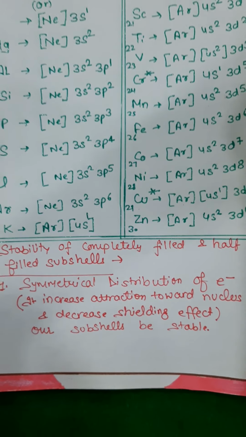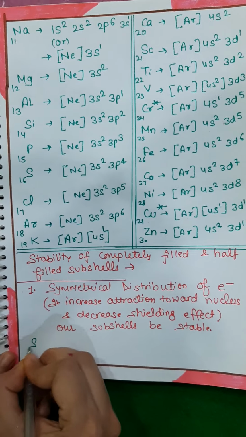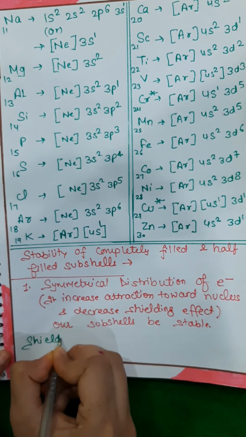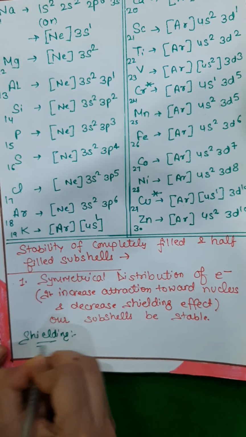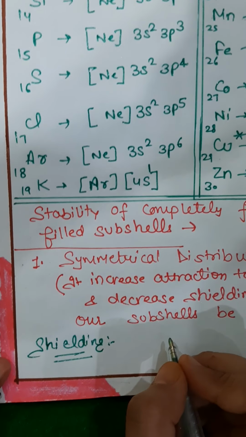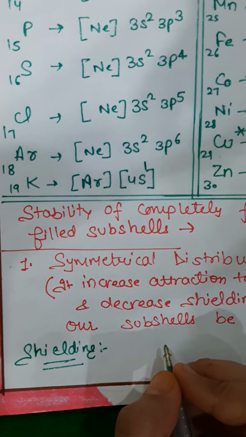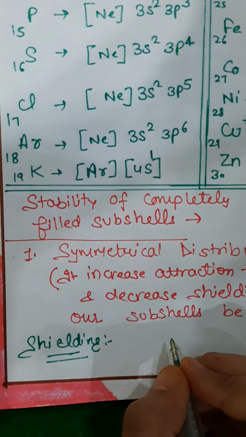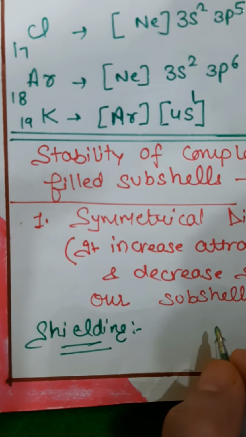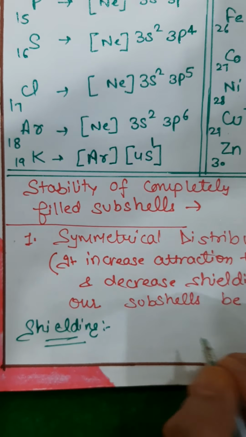Now a question arises in your mind: what is shielding? So student, shielding means due to the presence of electrons in the inner shell, the electrons in the outer shell will not experience the full positive charge of the nucleus. It will be lower due to the screening of inner electrons.